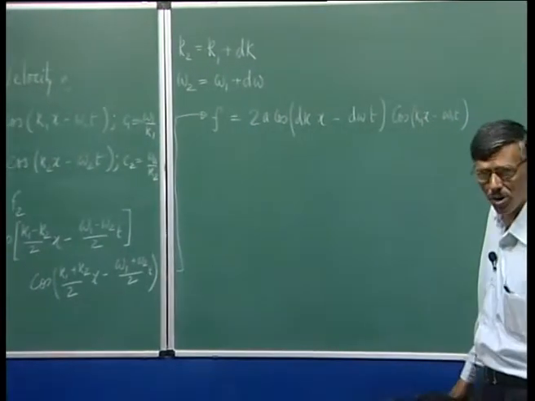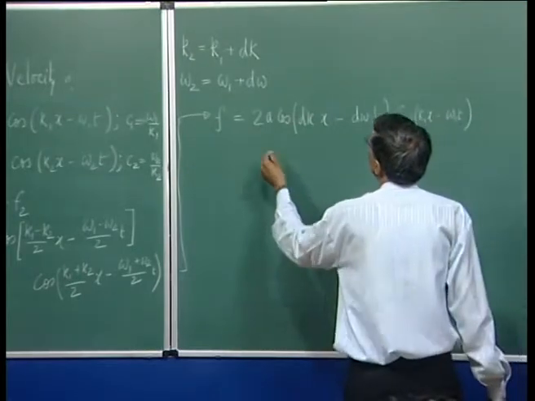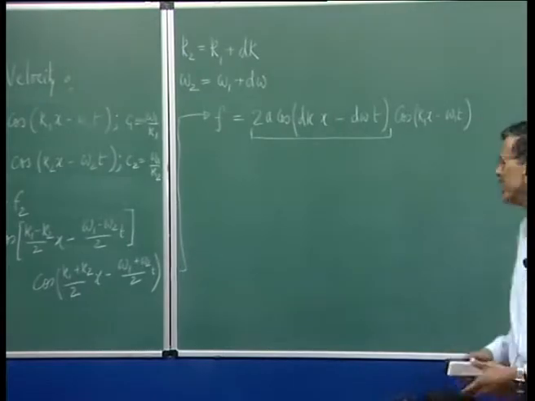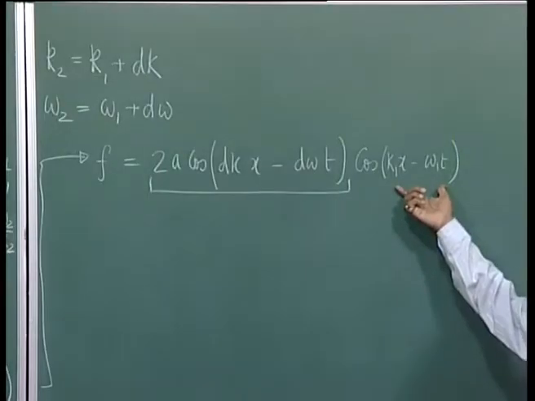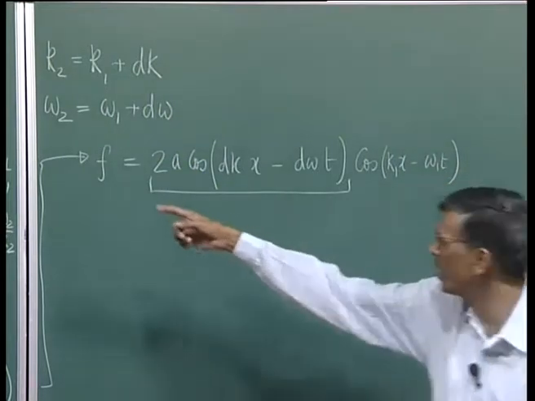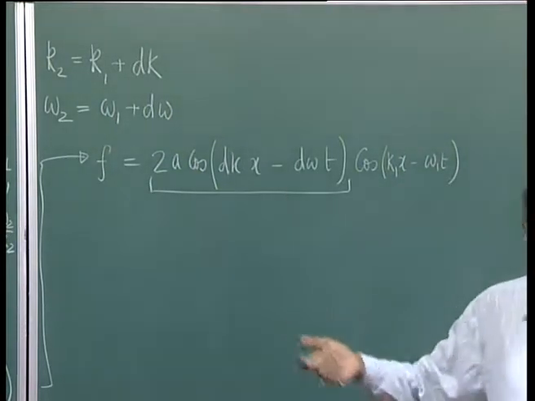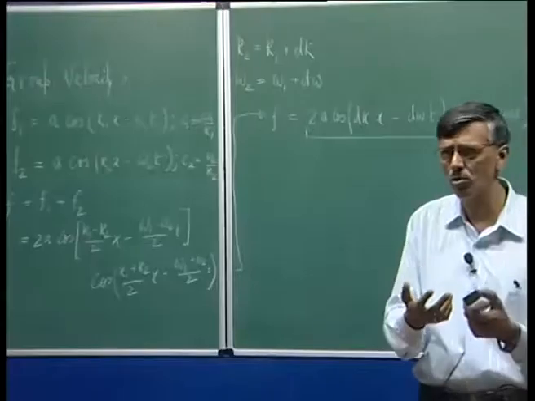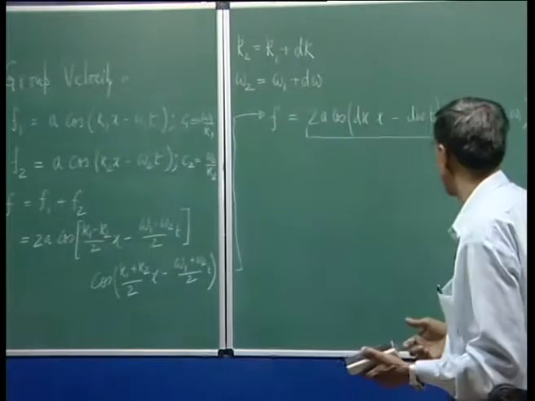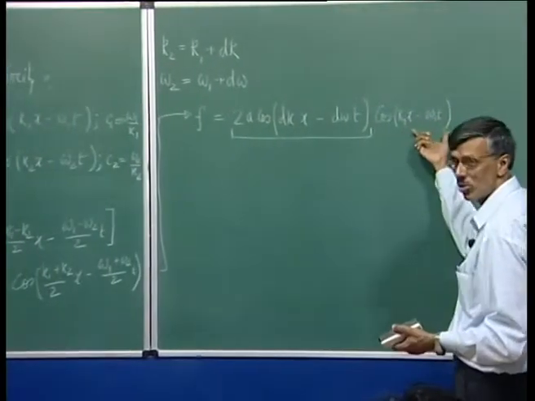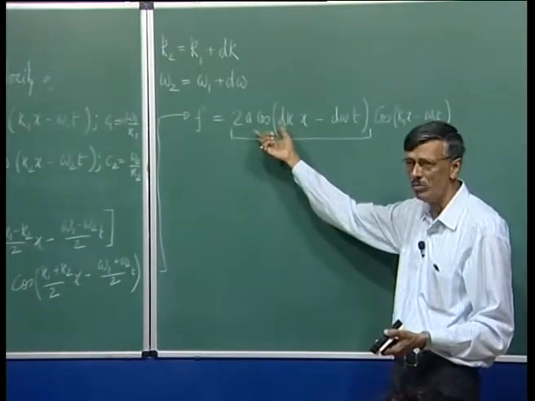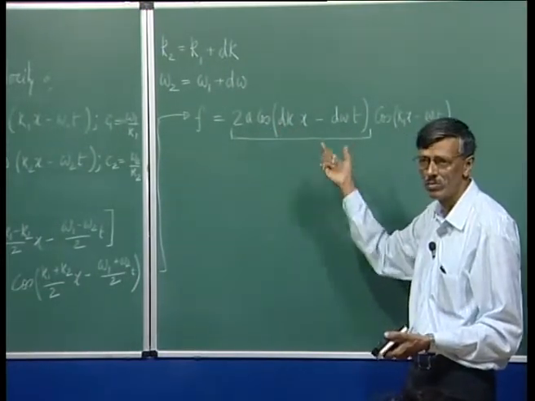So, now you notice that there is a slow variation indicated by this part, and there is the usual variation of your parent constituents, F1 and F2, which vary like this. So, two neighboring waves, when simultaneously present, have the net effect of causing the usual variation that each constituent has, plus an amplitude which now varies slowly.